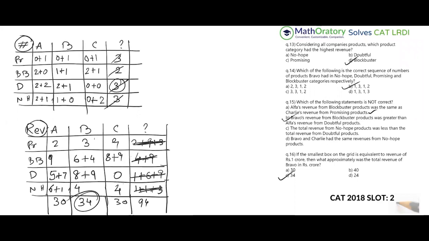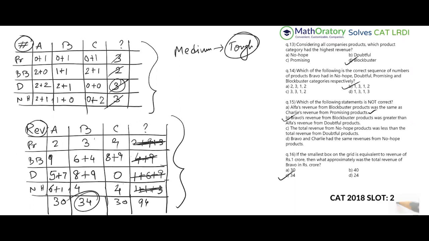As I mentioned earlier, I would definitely categorize this under the medium to tough category, leaning a little towards tough, because there is a bit of analysis. I don't know how many of you will be well adept with combining two matrices together and analyzing them side by side.